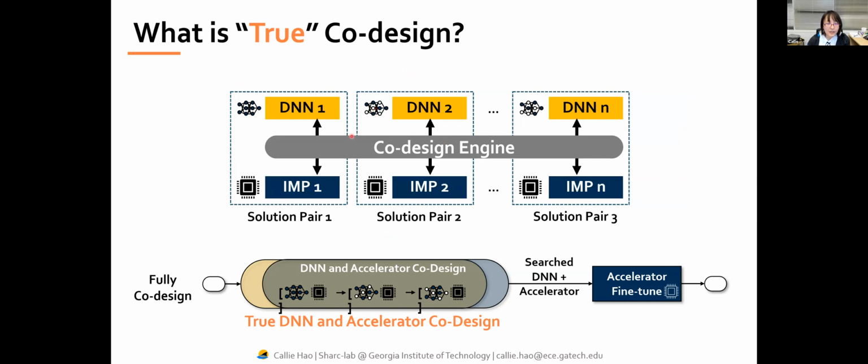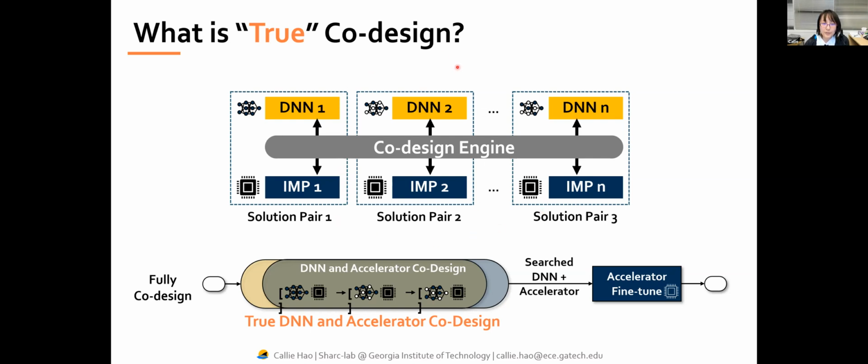So ideally, we want to have a co-design engine sitting here, and then the solutions are generated in pairs. Solution pair one: one DNN, one implementation, or one accelerator. Solution pair two: one DNN, one accelerator. And so on and so forth, up to solution pair n. For each solution pair, you can have different objectives. For example, for solution one, you want accuracy of more than 90%, but the latency can be 10 frames per second.